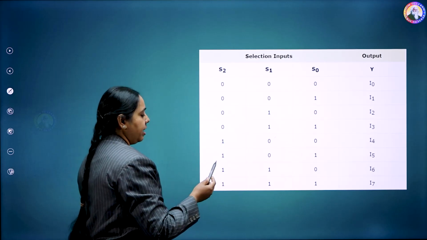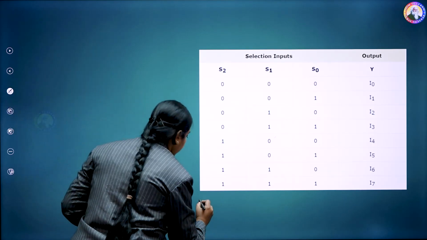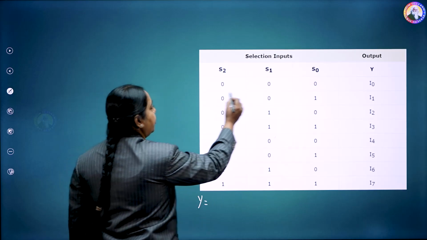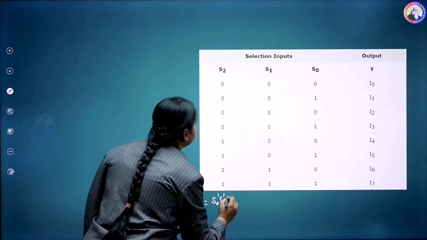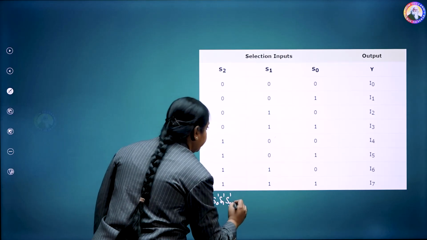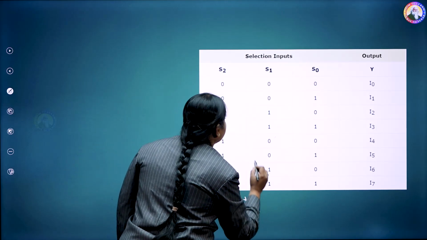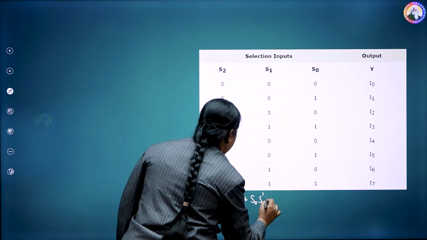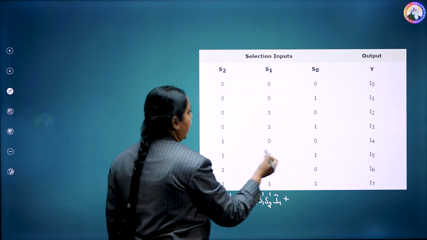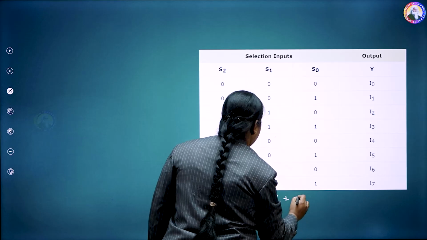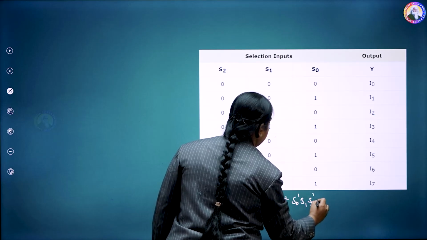So, the expression that we can write with respect to this 8:1 multiplexer is Y equals the first one, S0 bar, S1 bar, S2 bar, I0, plus with respect to the second one, S0, S1 bar, S2 bar, I1, plus with respect to the second I2, it is S0 bar, S1, S2 bar, I2.